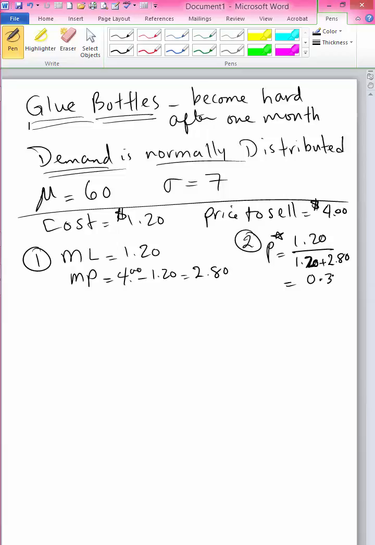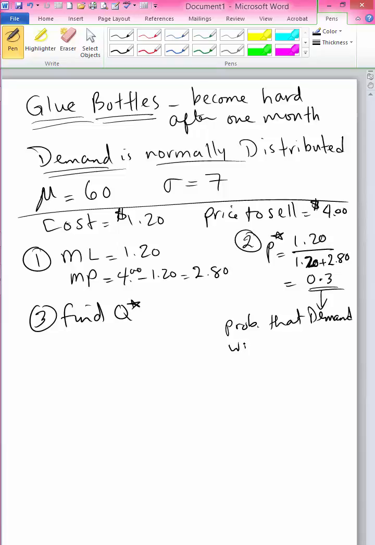The final step is to find Q star. And remember what this critical probability is: the probability that demand will be greater than or equal to Q star.